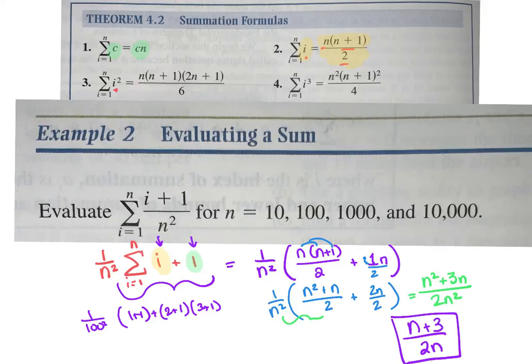When you put it in this form and simplify it, I can just take what I simplified it to and plug 100 in. 100 plus 3 over 2 times 100. And so I can see my summation of what it would be if I did that. Instead of adding up each one, I can simplify my summation itself and then plug it in, which makes it much nicer.